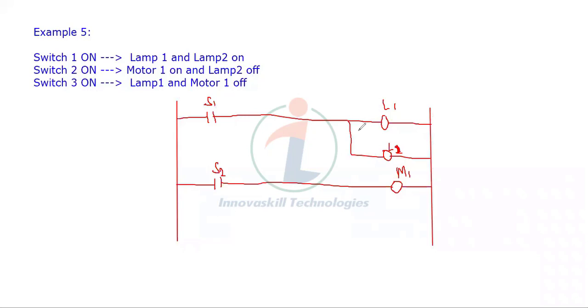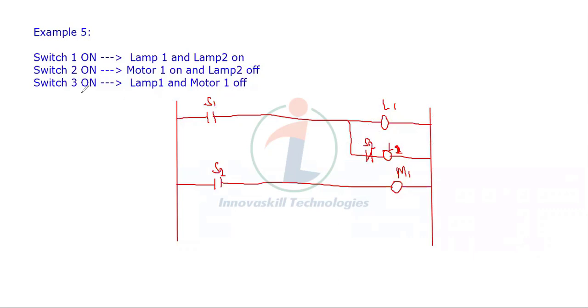So we should not use switch 2 here as NC. We have to use it here. Then the supply only for L2 will be disconnected. Now here I am repeating S2 like this.